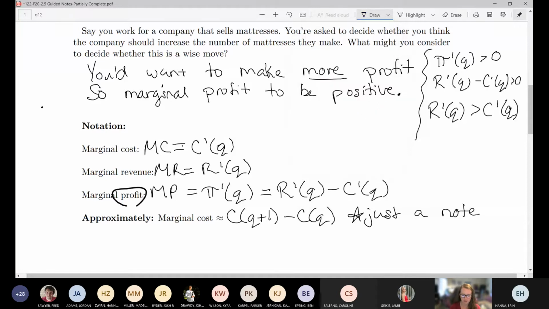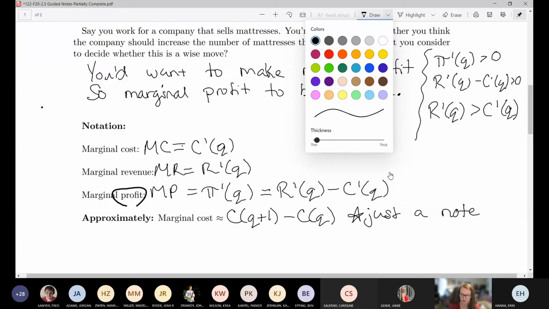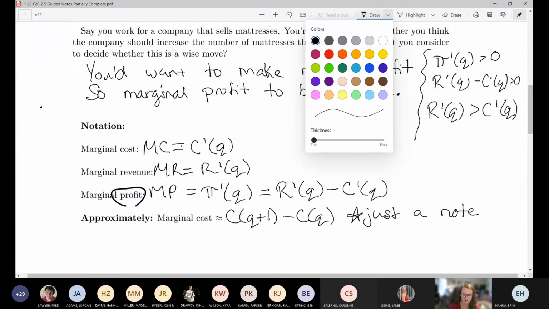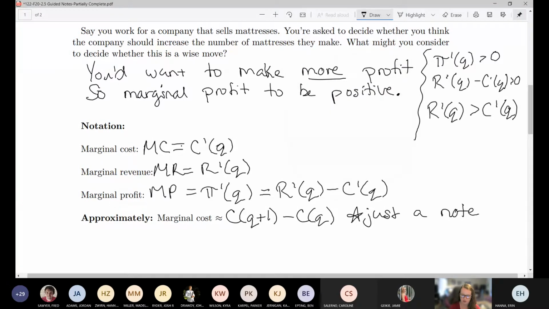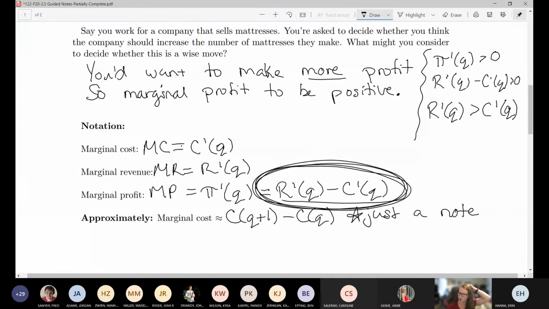They don't usually refer to marginal profit right off the bat. They usually ask you to find it in terms of marginal revenue and marginal cost. But remember, just like regular profit is revenue minus cost, marginal profit is marginal revenue minus marginal cost.